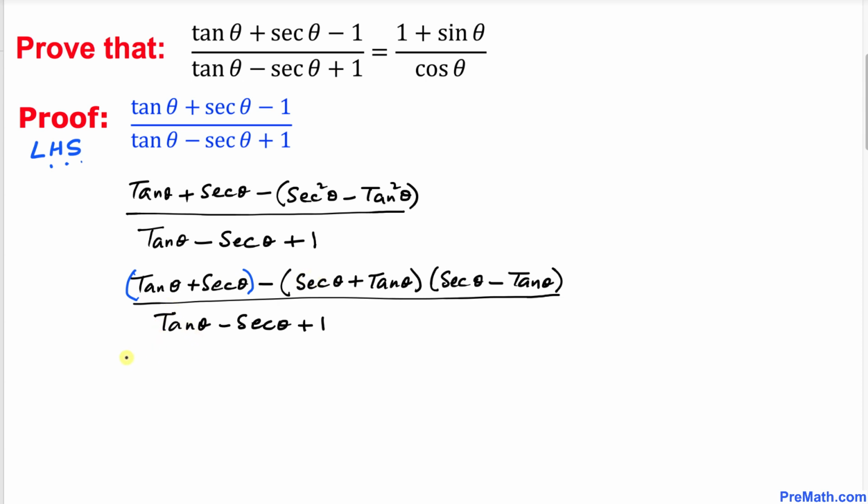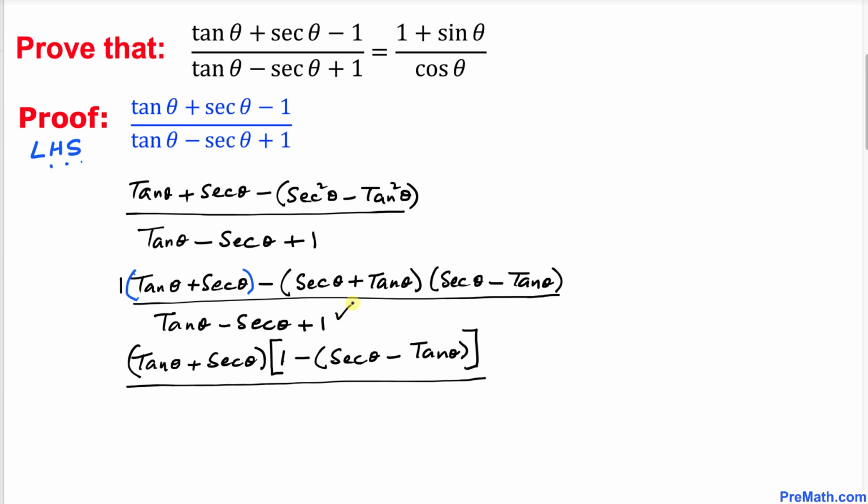So let's go ahead and factor this one, tangent theta plus secant theta, outside, and inside this bracket I am going to write down 1 minus this quantity in parentheses, secant theta minus tangent of theta, this bracket closed, and then divided by the same denominator.